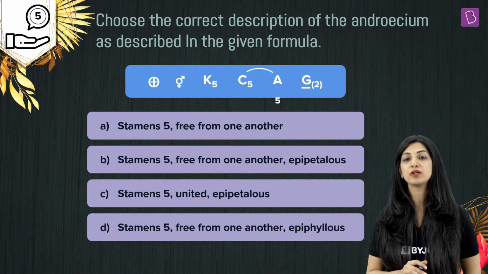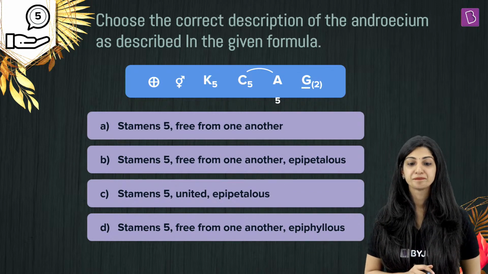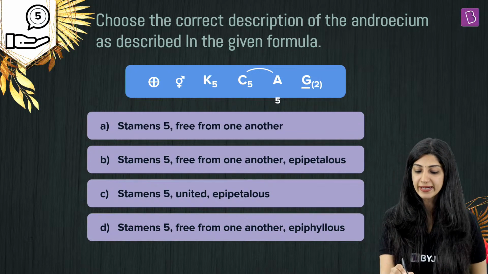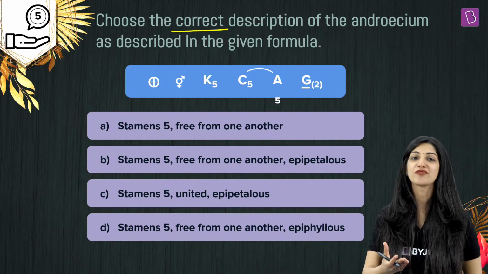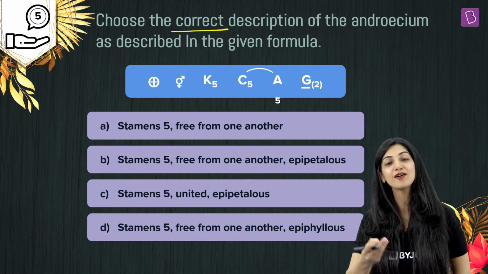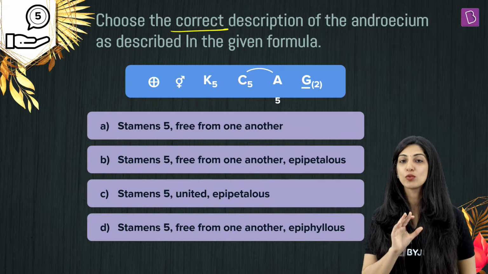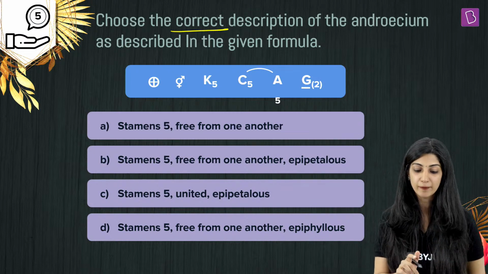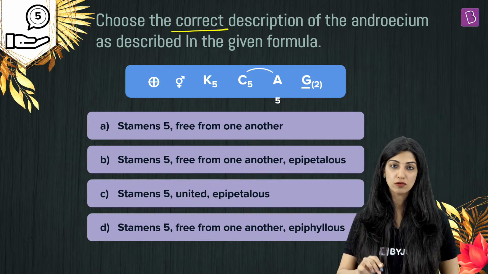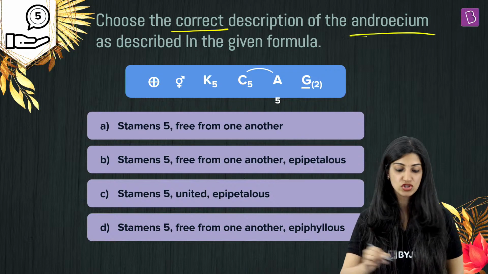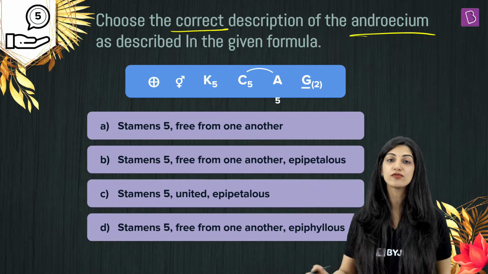Next question. Question number 5, people. Choose the correct description. You have to underline what the examiner wants. We do that from today. That way you will save yourself from negative marking. Choose the correct description of what? Androecium as described in the given formula.